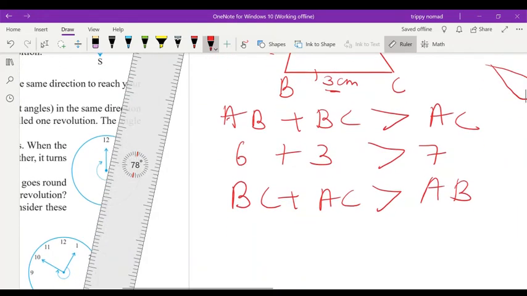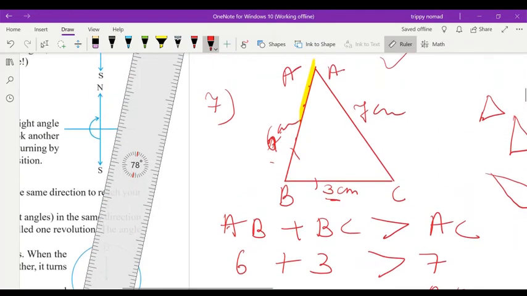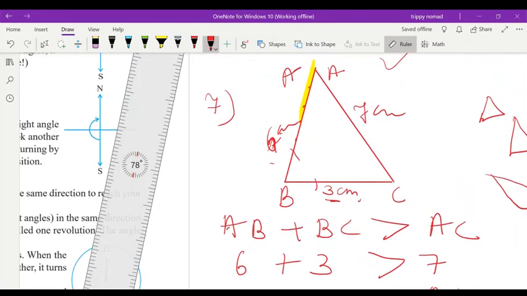What was the measure of BC? 3, and then 7. It is always greater than 6. And obviously these two will be greater than BC. So I hope you understood, children. You can draw 4 more like this and verify your answer by adding two line segments and comparing with the third one.